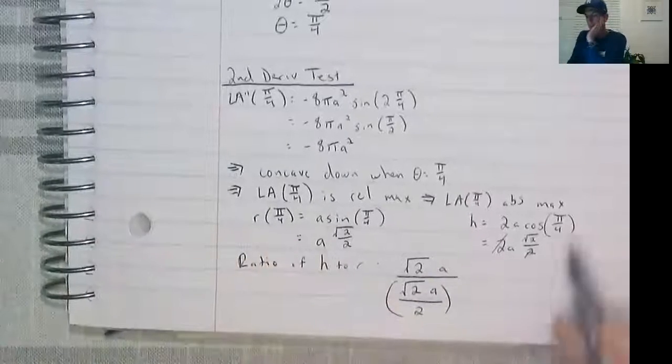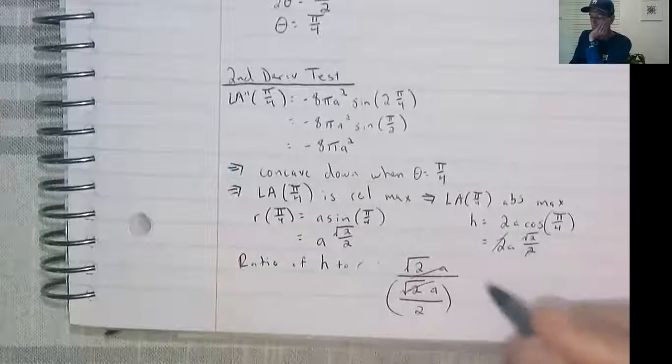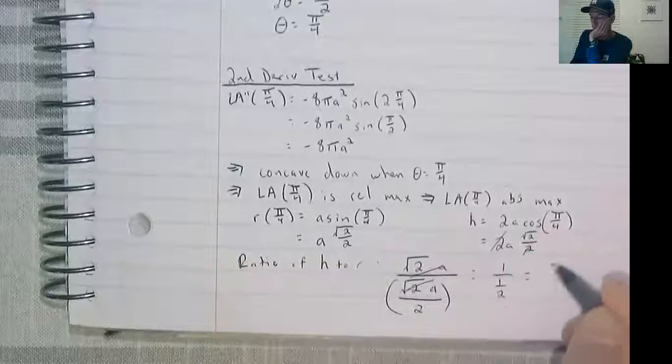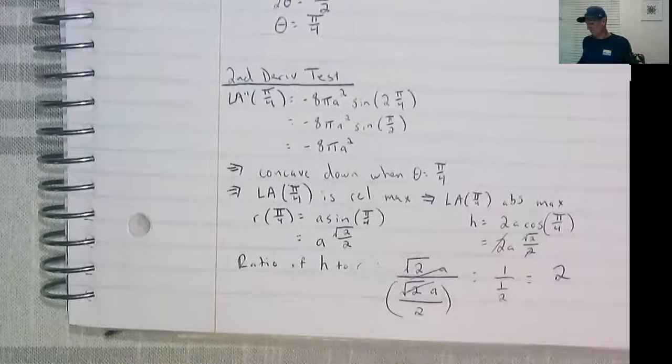Oh, look at that. Those things are going to cancel. You're going to get 1 divided by 1/2, which is really just 2. Oh, that was a lot of work for an answer of 2.